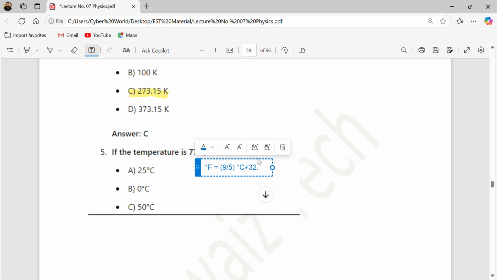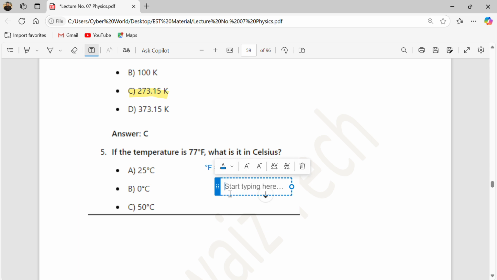So what if you want to convert Celsius into Fahrenheit? You just have to move this 32 here, so it becomes minus 32. So here you will cancel with this, and this 9 by 5 comes here as a reciprocal.